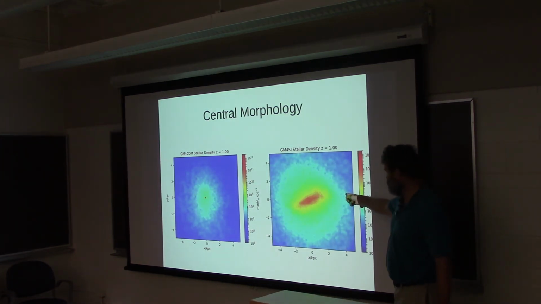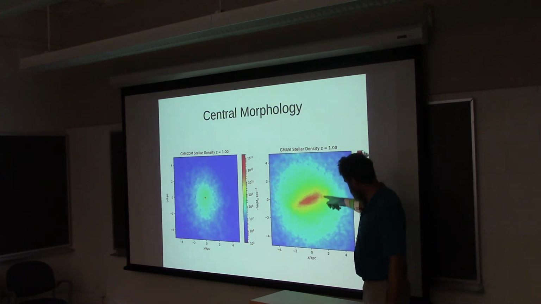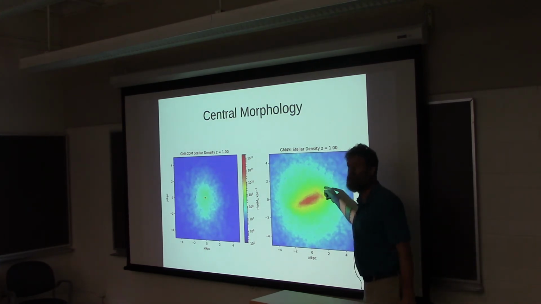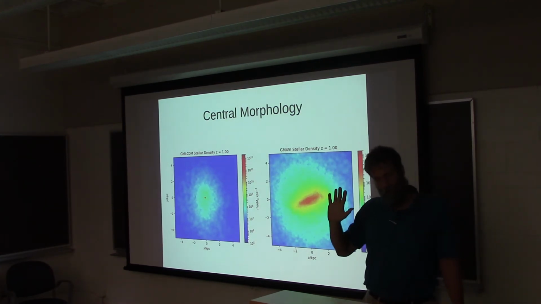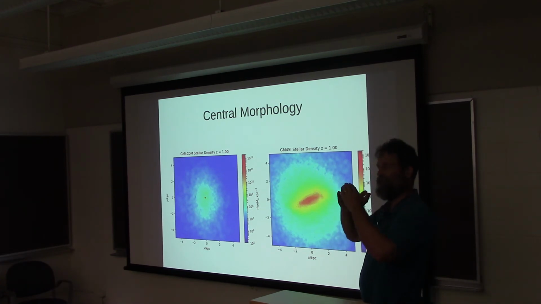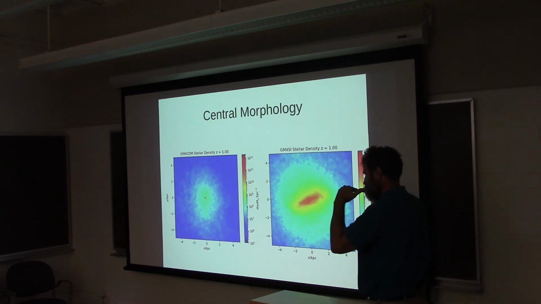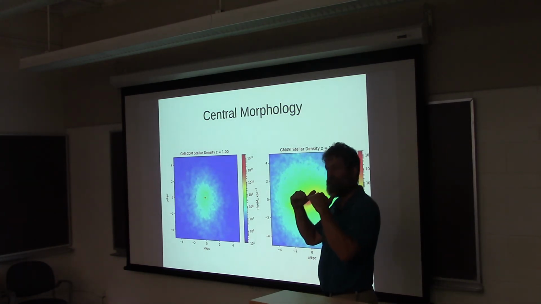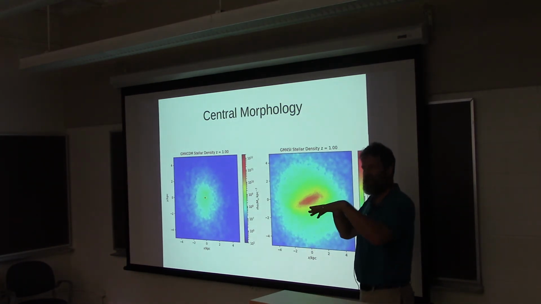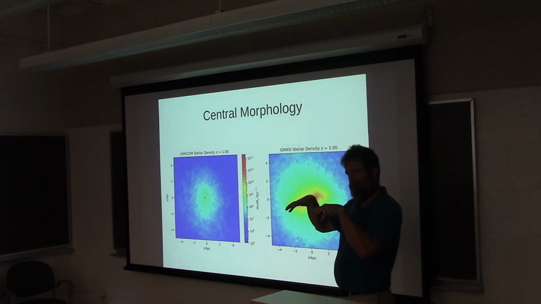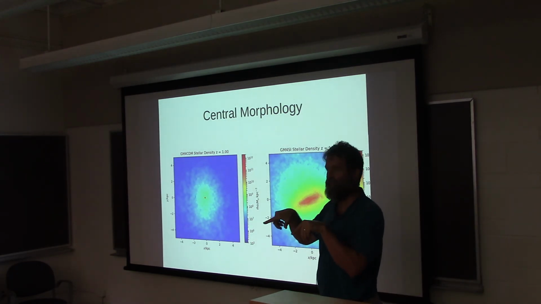Over here, what's going on? We've got this bar formation. So this is all preliminary. The idea here is if you have a flat central density, that's harmonic, and it's very unstable to bar formation.